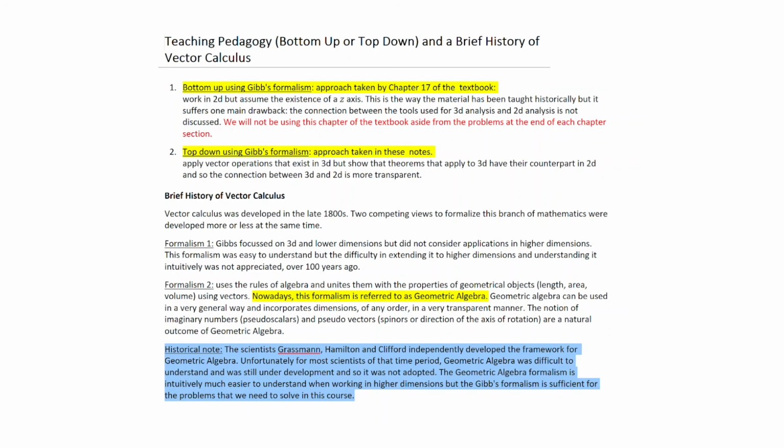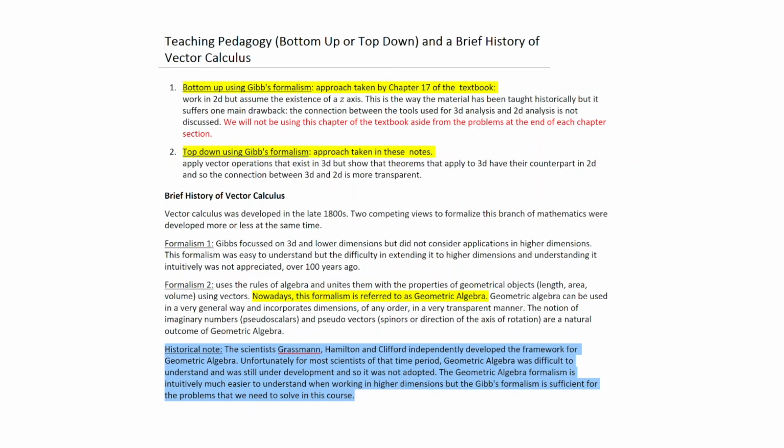One said, let's focus on 3D and 2D, and the other party said, wait a minute, let's extend this to higher dimensions. The people who ruled the day were the ones that could keep things simple and explain it to people, not knowing that in future years, when you tried to expand to higher dimensions, you would have real intuitive issues to deal with, and very few people could understand what was going on.